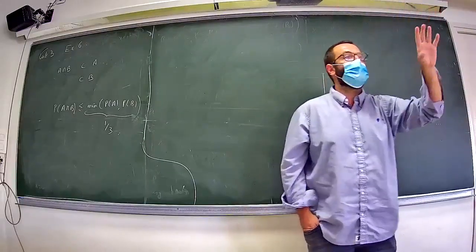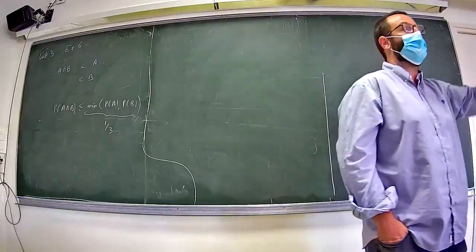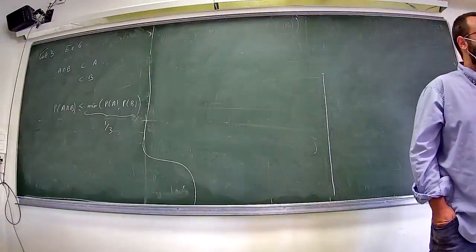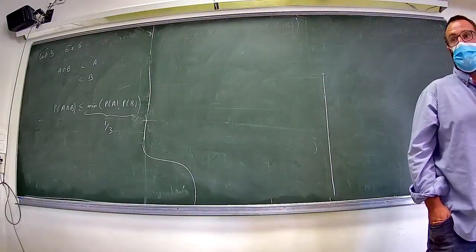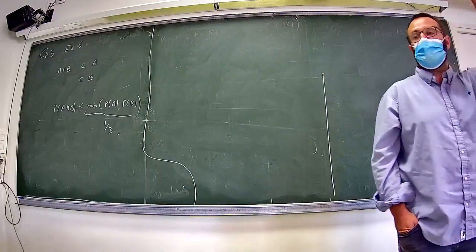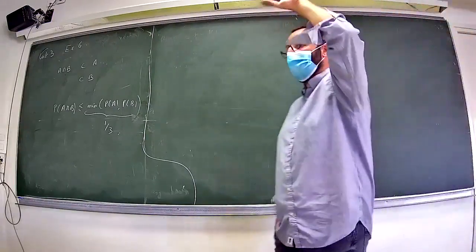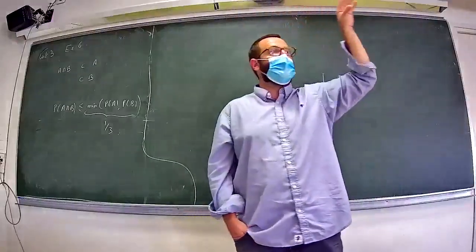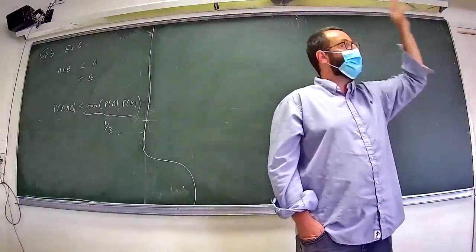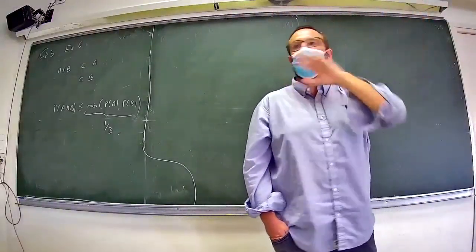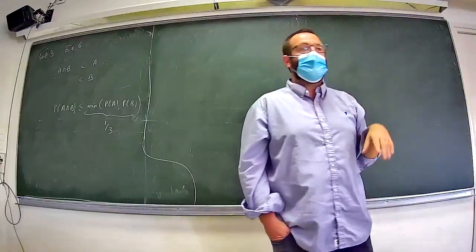If you show me a little picture of a particular situation, nice, but know what I want: the result in its full generality, that is without any kind of hypothesis on A and B. The only thing you know is that P of A is equal to 3 over 4, P of B is equal to 1 over 3. That's all. Okay?